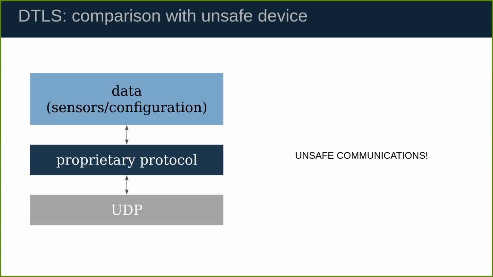So, a comparison with an unsafe device. There are many embedded devices that do not use TLS or DTLS. They use their own protocol to transfer data directly using a plaintext UDP socket or other datagram socket or network layer.